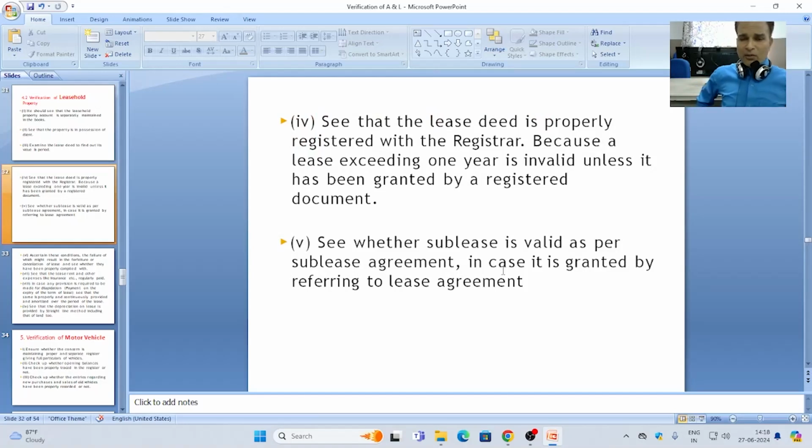The auditor is required to see that the lease deed is properly registered with the registrar, because a lease exceeding 1 year is invalid unless it has been granted by a registered document. The auditor should see whether a sublease is valid as per the sublease agreement, in case it is granted, by referring to the lease agreement.